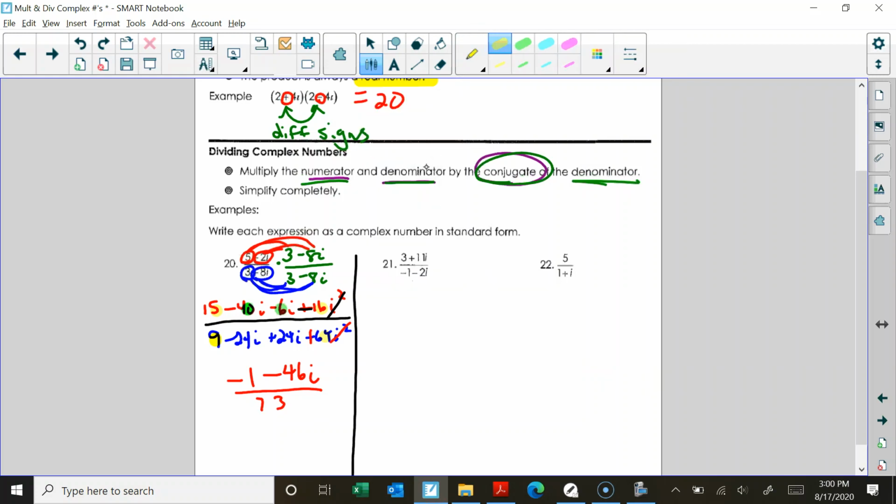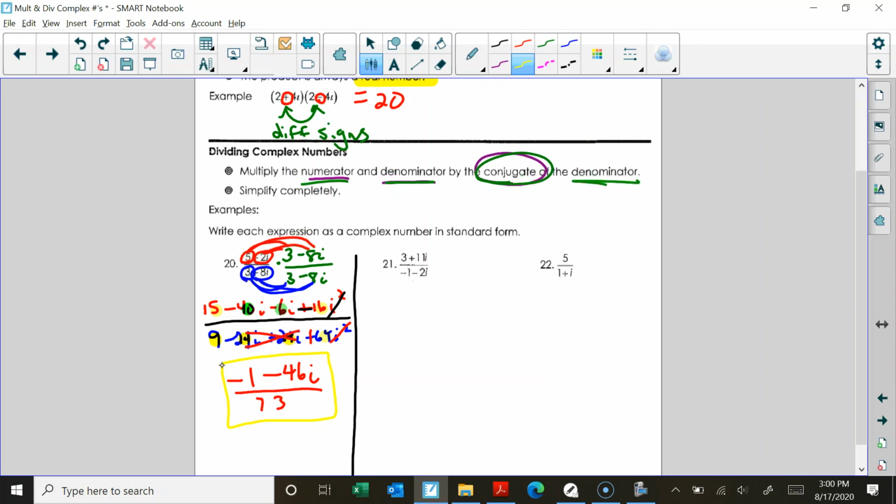And then negative 24 and positive 24 cancel each other out, giving us the real number on the bottom, which gives us the final answer, because nothing there can be simplified, of negative 1 minus 46i all over 73.